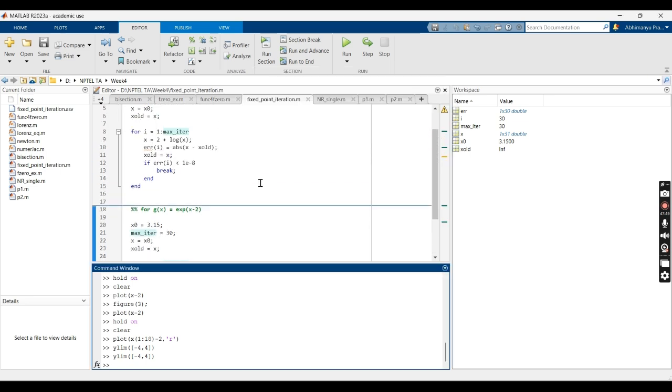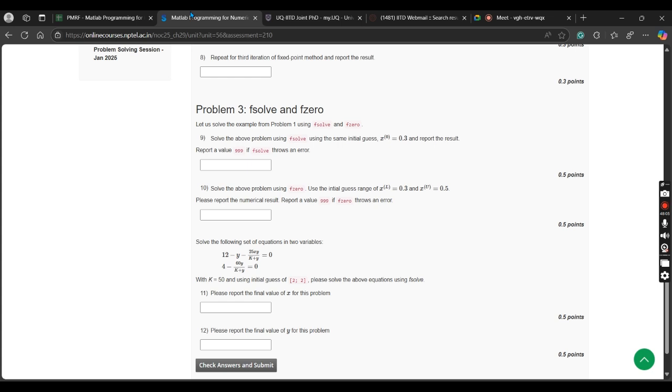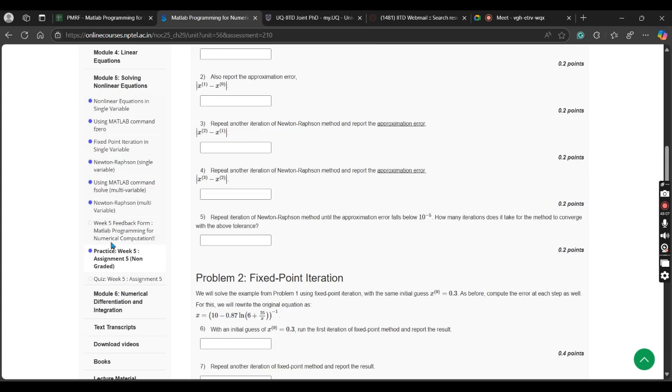Okay. So any doubt in this fixed point iteration? I hope this is clear to everyone. So if I go through the site, then I believe sir had given one more example problem.